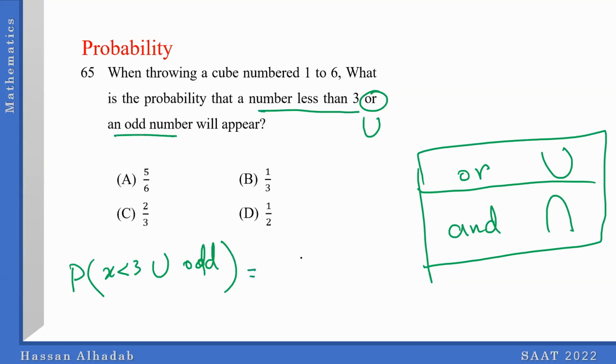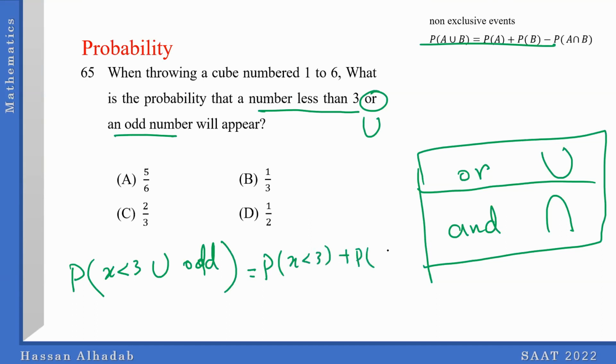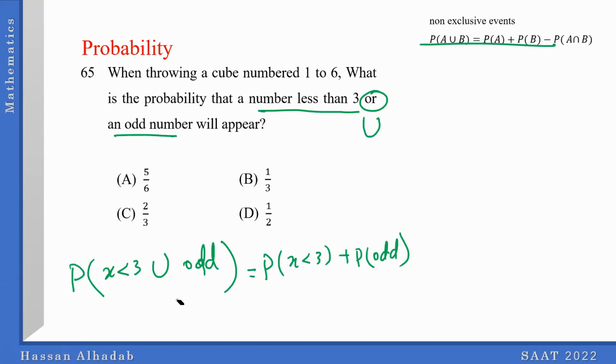So if you want to use the rule here, the probability of x less than a 3 plus the probability of odd, and then minus the intersection. Okay, x less than 3 intersect with odd.